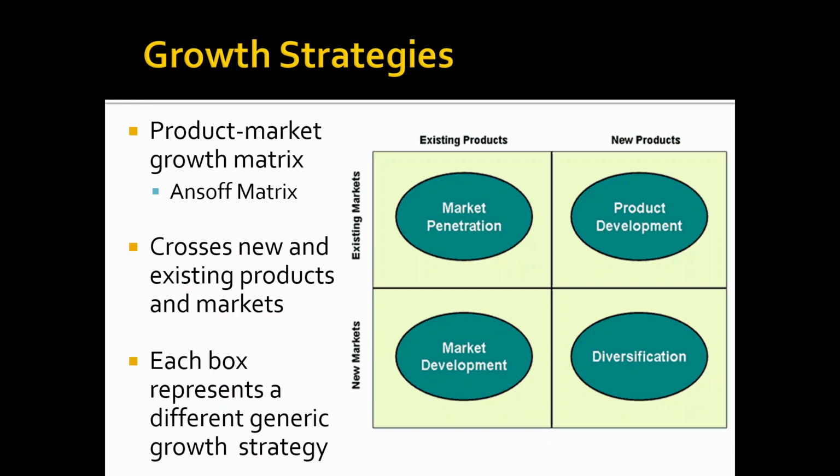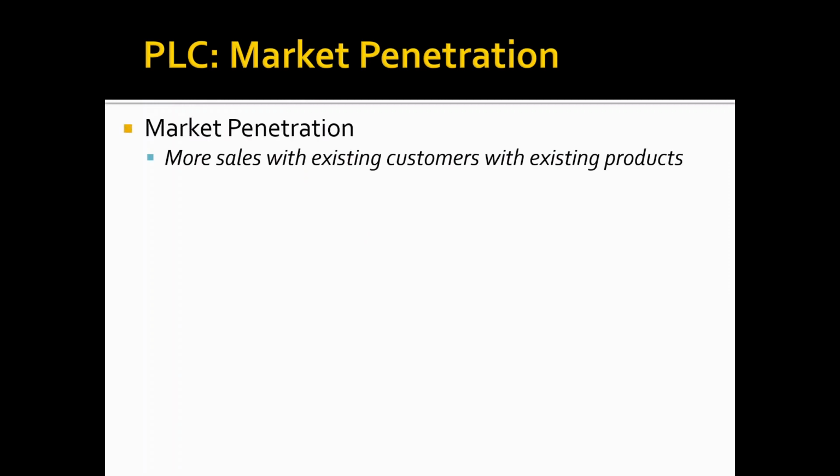And then it crosses that with existing markets, or you can think about your existing customers, and then also new markets or new customers. And so there are 4 strategies. So first we're going to look at market penetration. So market penetration is getting more sales from your existing customers with your existing products or brands.